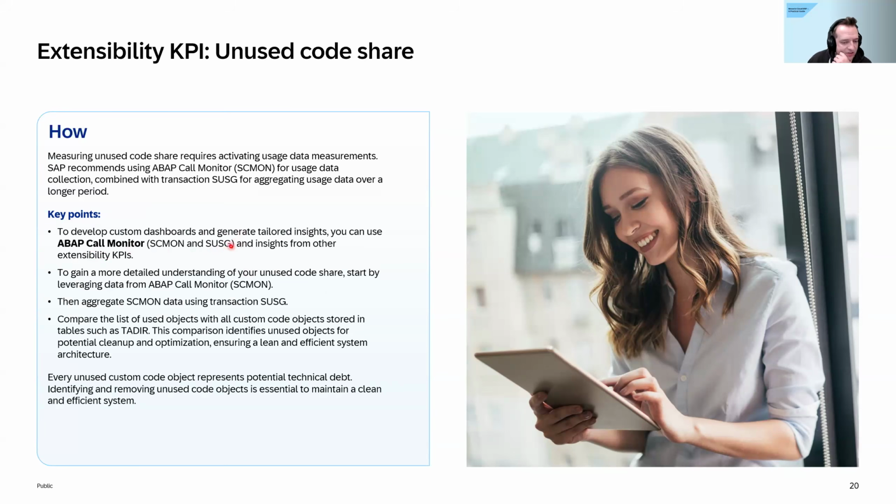Basically, every piece of code that can be executed is measured. So not all of your custom code objects, no tables are measured there or stuff like that, but executable objects are counted. And the numbers are typically quite high. We have maybe a year of usage data, and then you identify that in this year only 40 to 60% of your custom objects are called or used at all.